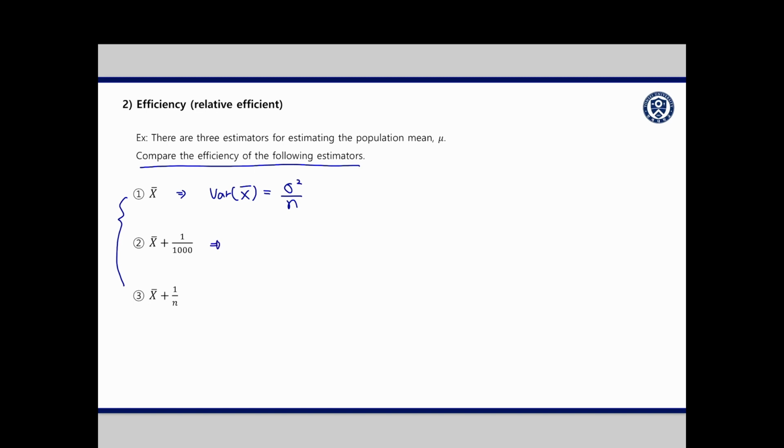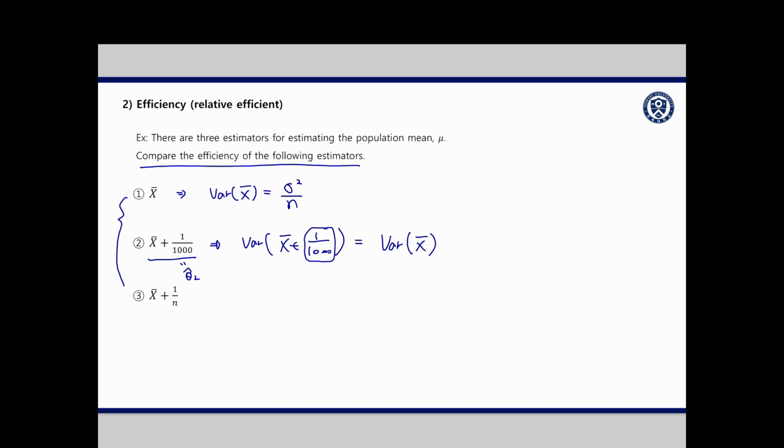And the second estimator, by the property of variance, equals the variance of x bar, because a constant does not affect the result of variance.